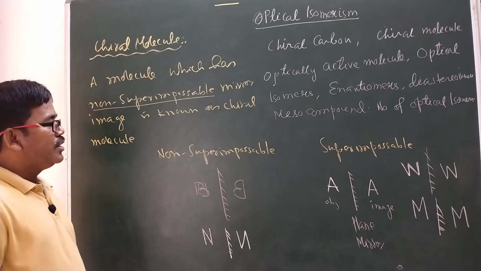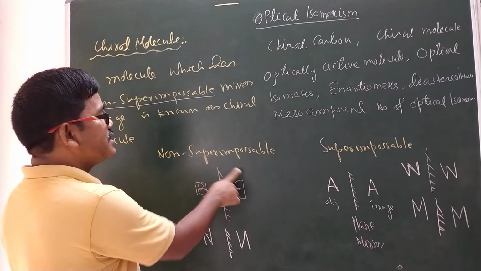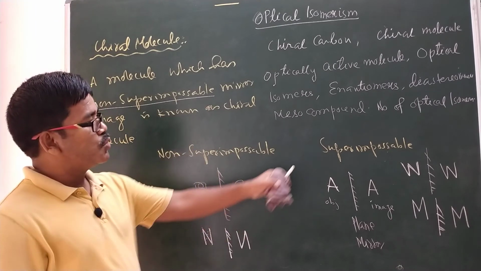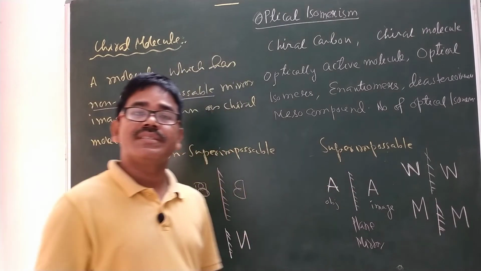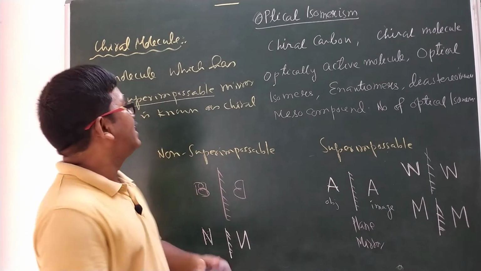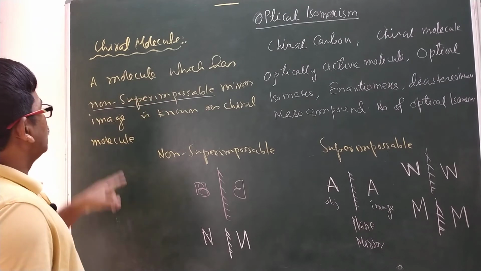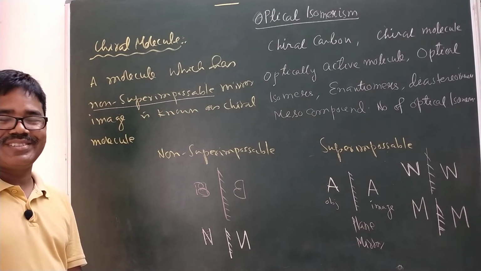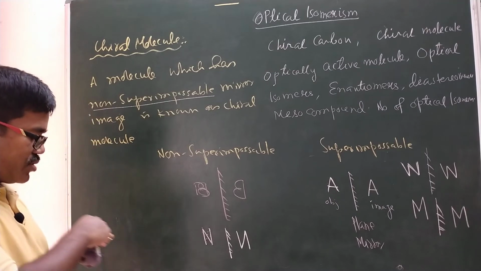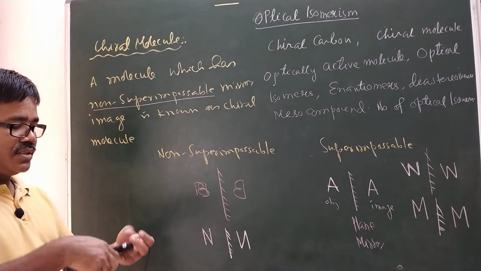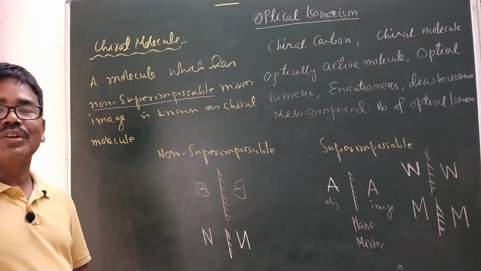Clear? Non-superimposable means mirror image is non-identical. Superimposable means mirror image is identical. And a molecule is called chiral when it has non-superimposable mirror image.